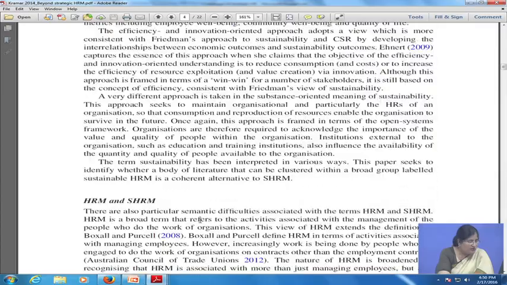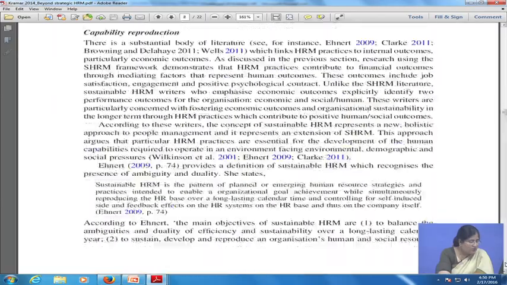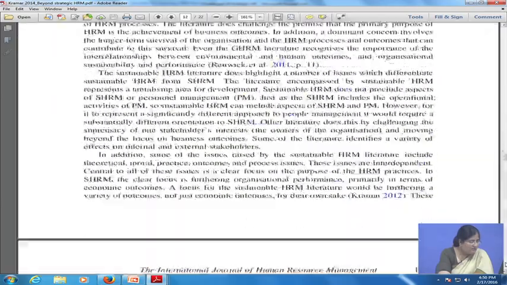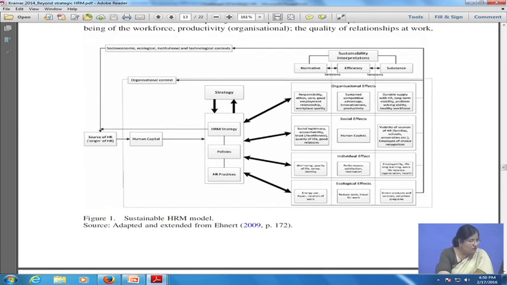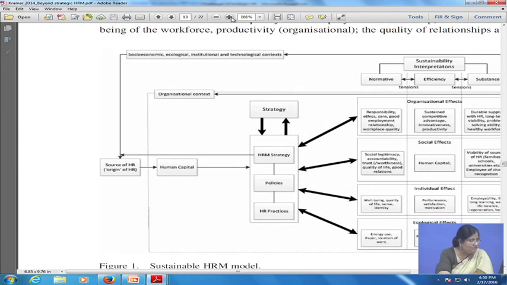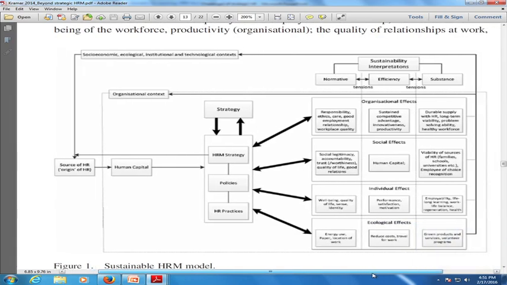So, it's not on the slide. Just a second, I'll scroll down and it's right here. I think you can see it a little bit. Okay, so this is the model.